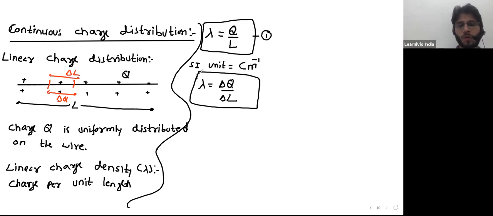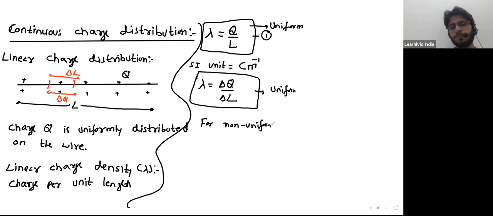The issue with both these expressions is that they are valid only if your charge density is uniform. We cannot use these expressions for a non-uniform charge density. Non-uniform means the charge is not equally distributed.